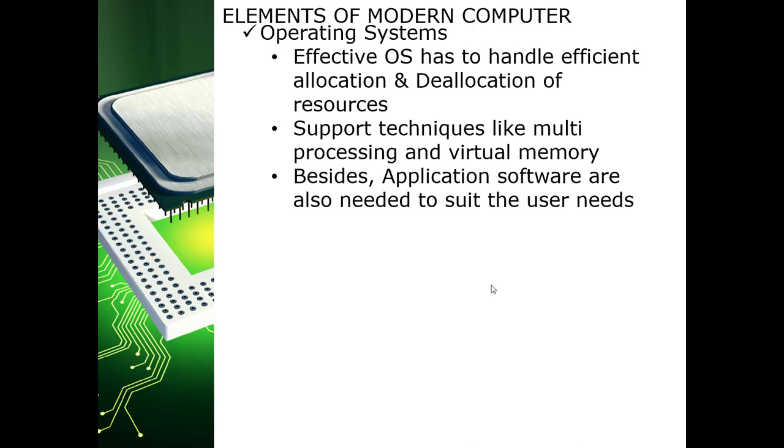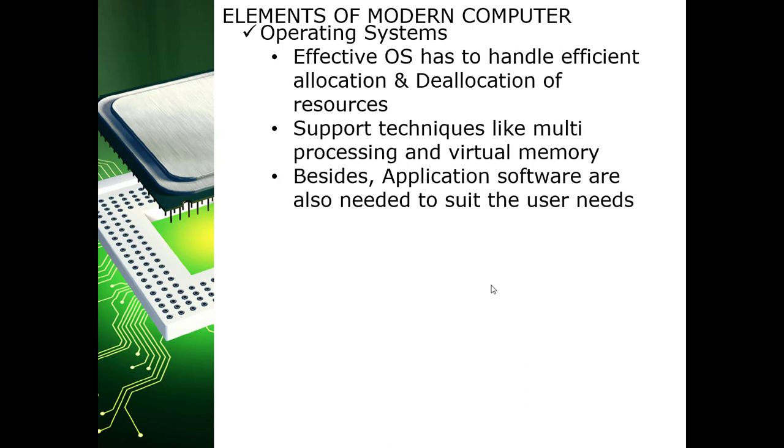Along with the operating system, a lot of application software is used for satisfying the user needs. So what is application software? The programs and languages that we use to write programs: Java, .NET, PHP. These are all application software, also needed in order to suit the user need.